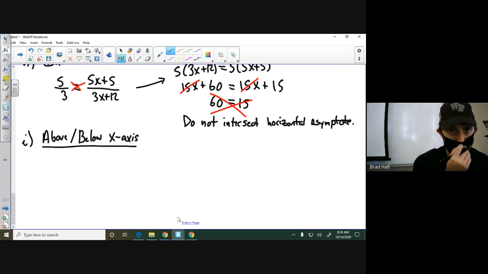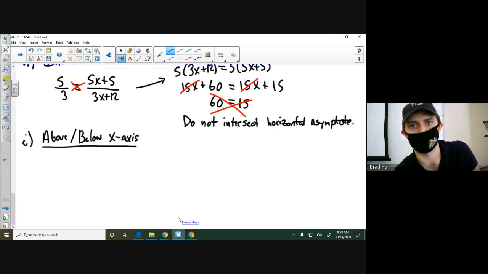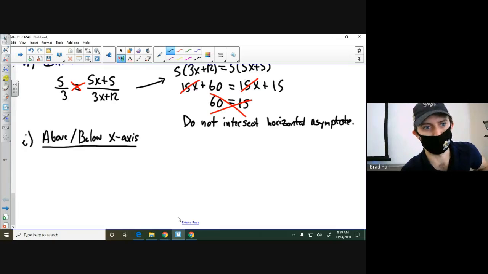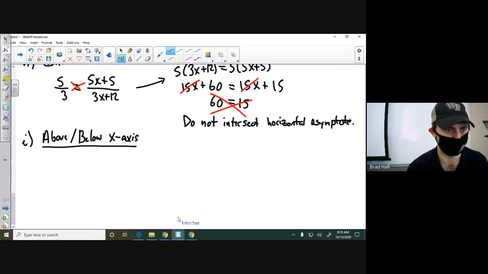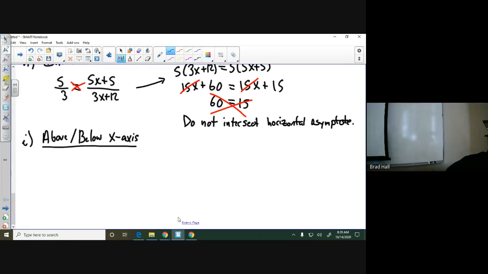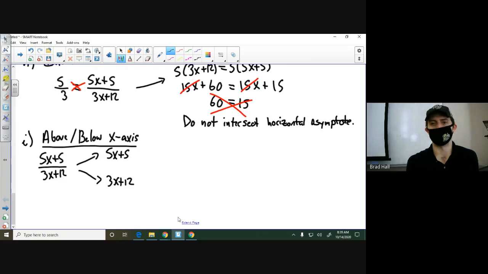And so to determine this, what we need to do is figure out the real zeros, or the zeros from the numerator and the denominator. In other words, if we were to split this up into the numerator and the denominator separately, then what would the zero of each one of those factors be?